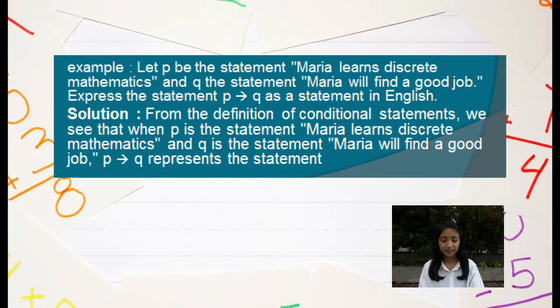And the solution: from the definition of conditional statement, we see that when P is the statement Maria learns discrete mathematics, and Q is the statement Maria will find a good job, P implies Q represents the statement.